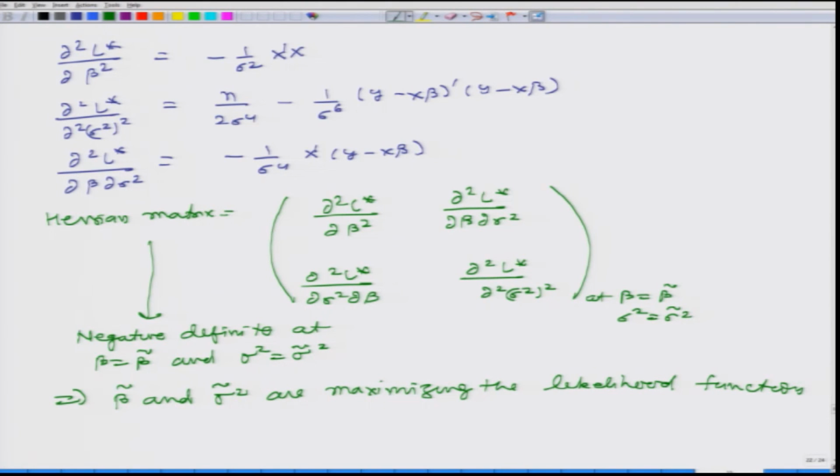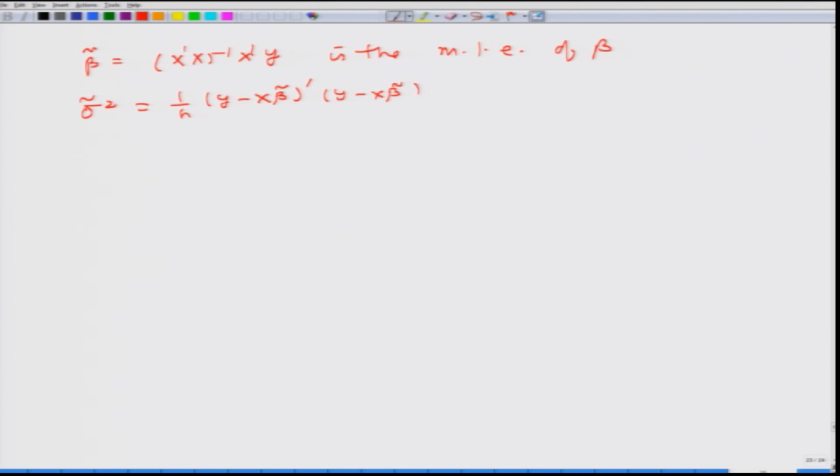Right. So, now I can say that beta tilde, which is equal to (X transpose X) inverse X transpose y, is the maximum likelihood estimator of beta, and sigma square tilde, which is 1 over n (y minus X beta tilde) transpose (y minus X beta tilde), is the maximum likelihood estimator of sigma square.